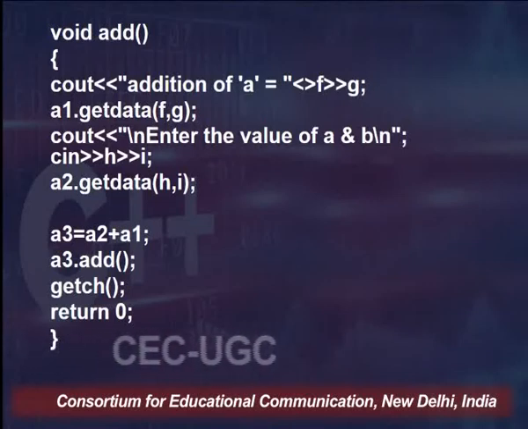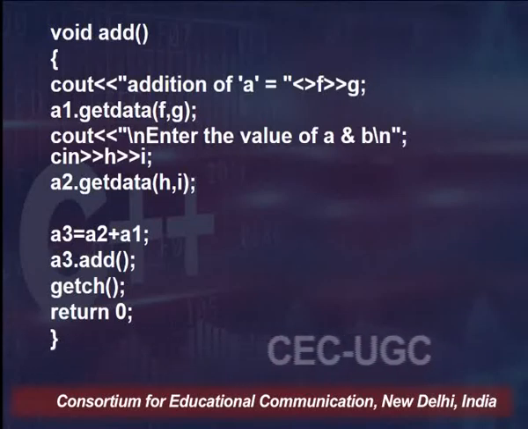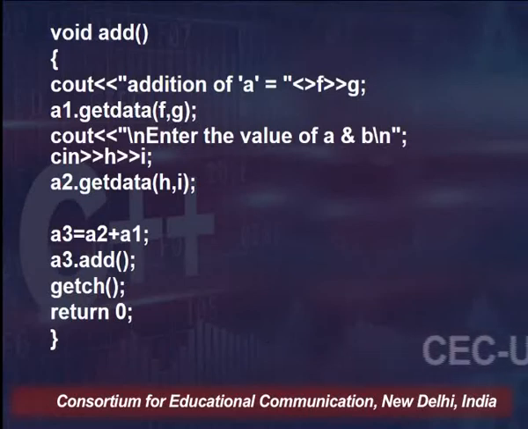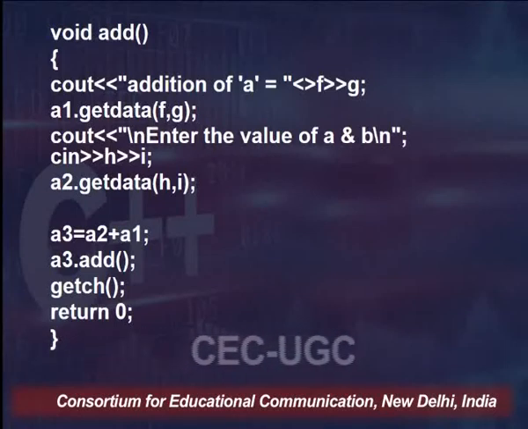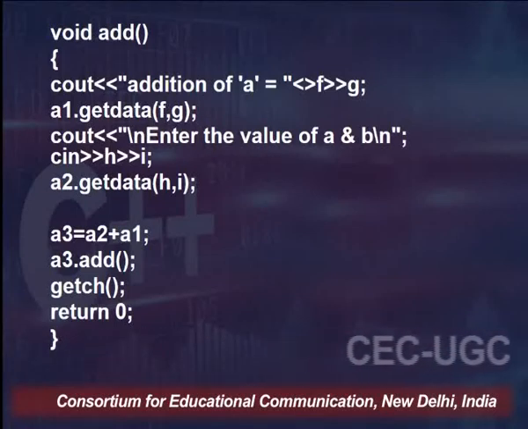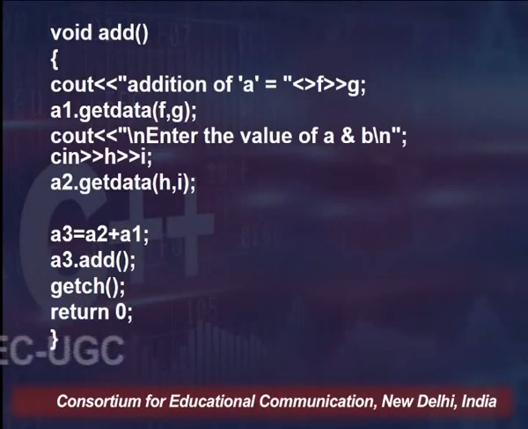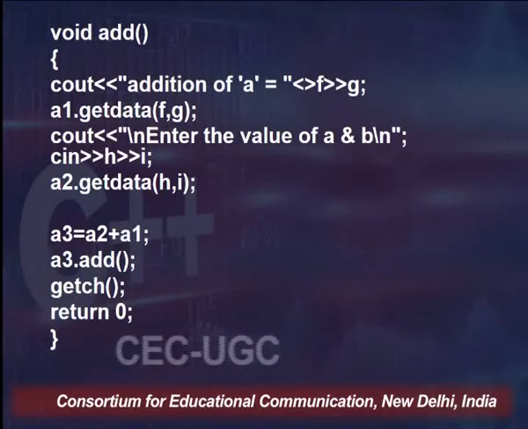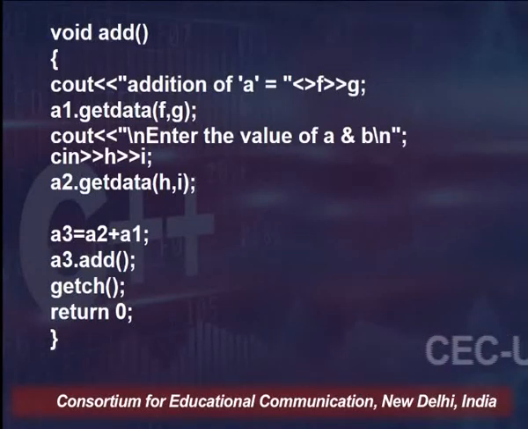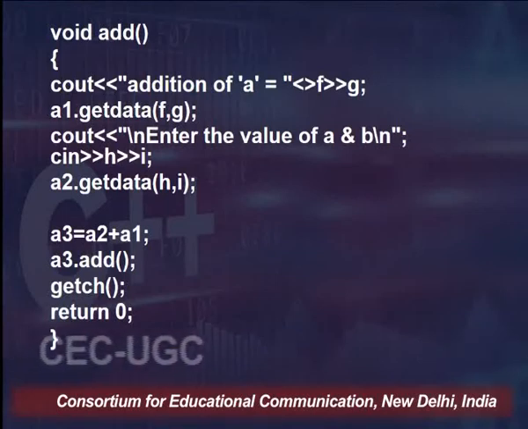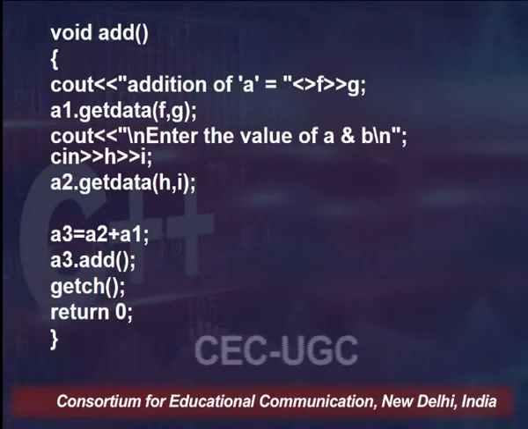And what we have done is a3 is equal to a2 plus a1. Here we have actually called the overloaded operator plus, but please mind it, I have not shown you the definition of this overloaded operator using the friend function as of now. So, a3 is equal to a2 plus a1, and then we call a3 dot add, and then get ch and return 0.